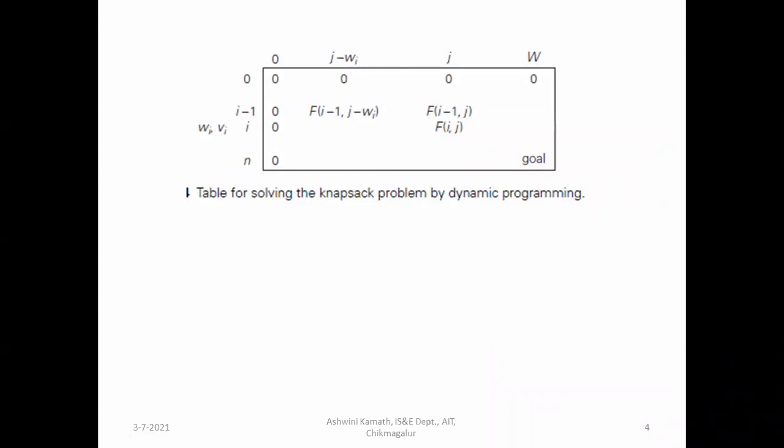So this is the structure of the dynamic programming table for solving the knapsack problem. The number of rows is equal to n plus 1 and the number of columns is equal to W plus 1, where W is the capacity of the knapsack, because the 0th column and 0th row will be zeros. That is the reason for n plus 1 rows and W plus 1 columns. In this table, the last row and last column will give the answer. We'll get the actual profit.